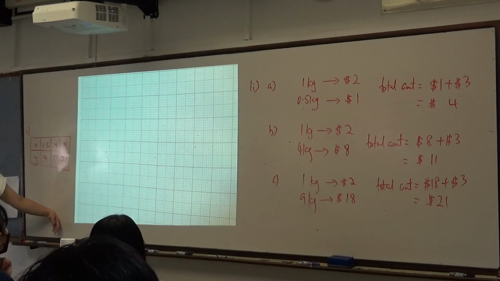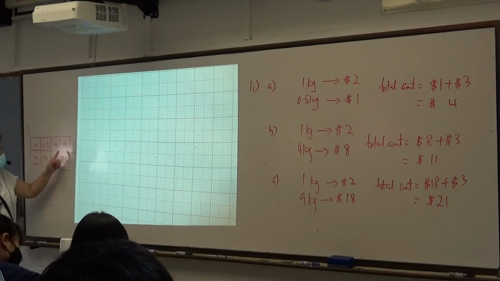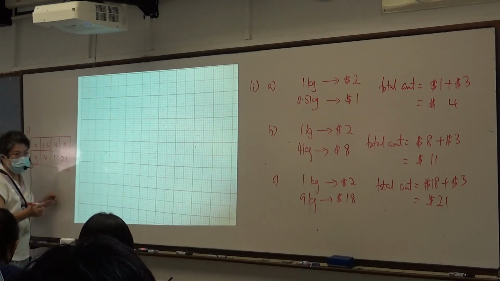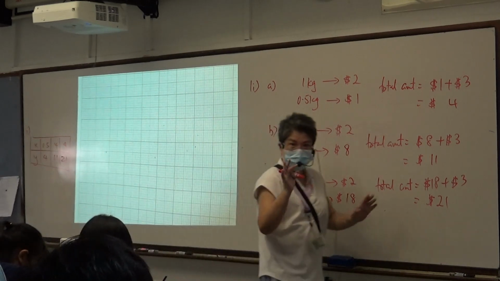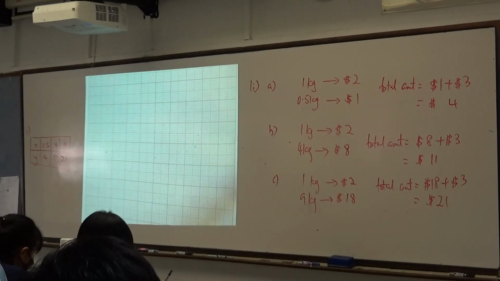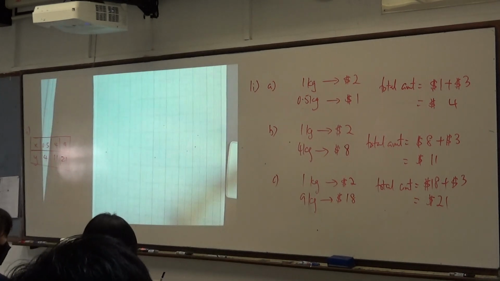Horizontal axis, 2 cm to what? 1 what? Kg. Okay, you have until how many kg? 9. Okay, that means I must utilize quite a lot of the graph paper. Is that understood? Now I told you already, you cannot scale down or stick graph paper.